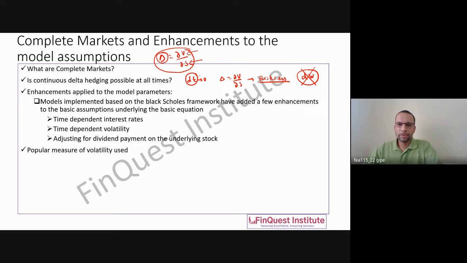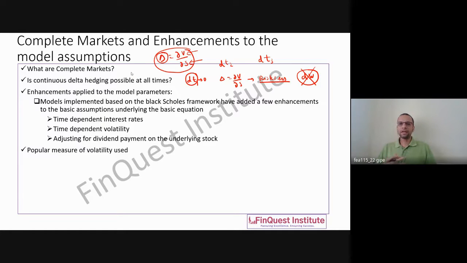Now if I want to do continuous delta hedging, let's say I have done this as dt1. Now if I go to dt2 and repeat the same process of creating the portfolio riskless, is that possible? Similarly, if I go to dt3, the next time step, can I make the portfolio riskless once again? So my question is, firstly, is this possible?